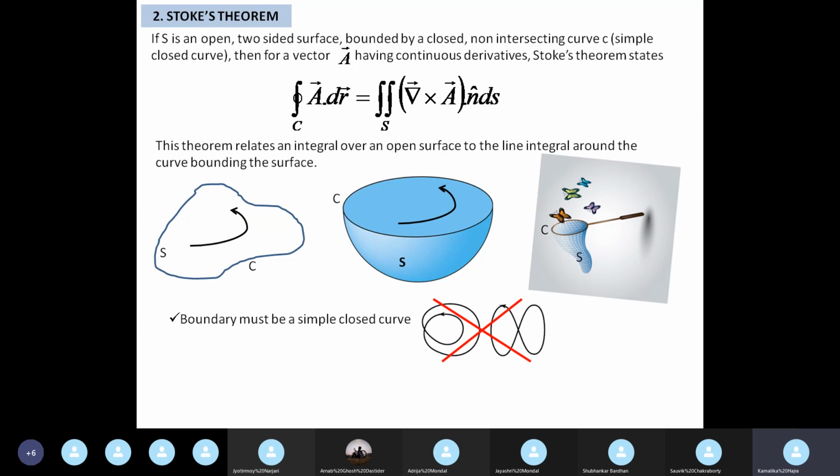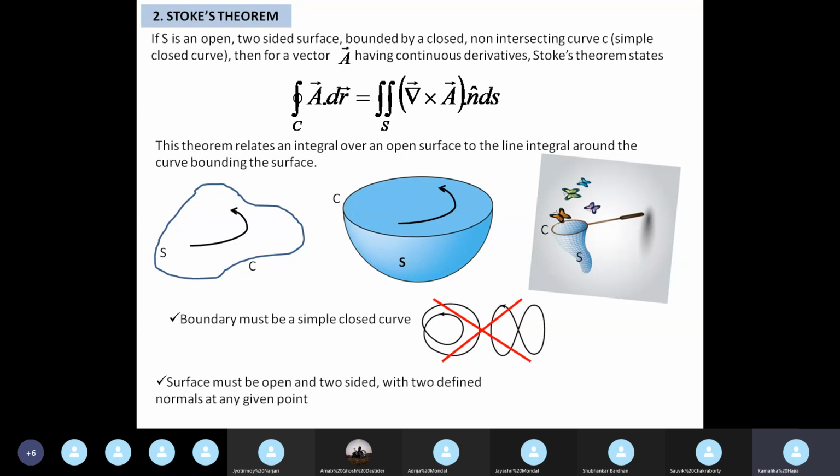These are also closed curves, but these are not simple closed curves because they intersect themselves at several or one point. So if you have an open surface whose boundary looks like this, then that is not a case where you can apply Stoke's theorem.